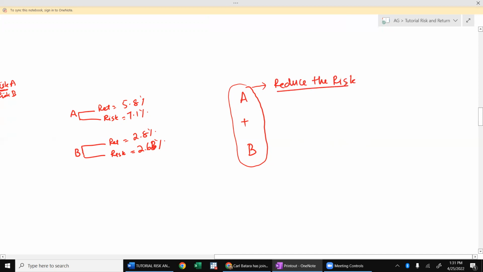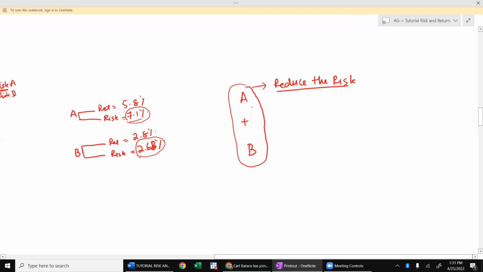You say, sir, it is A, right? Security A has the highest risk, 7.1%. So if you make a portfolio, you will diversify and reduce this risk. But B has the lowest risk, so no problem for B, but the problem is for A, right?